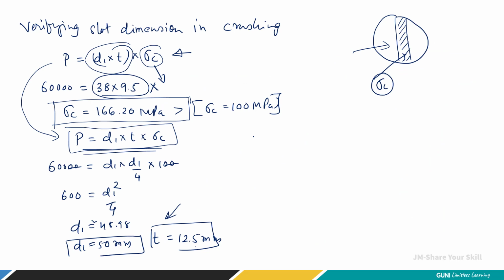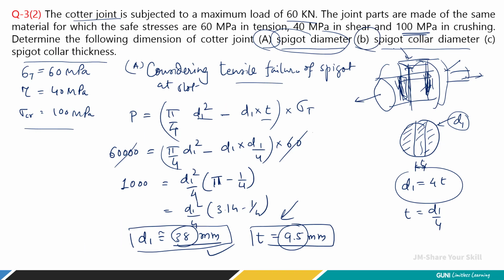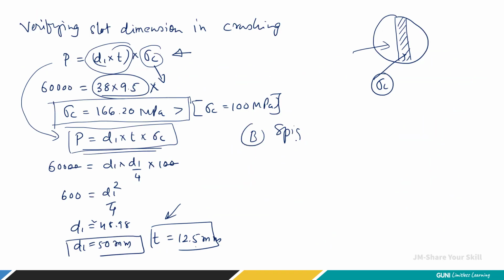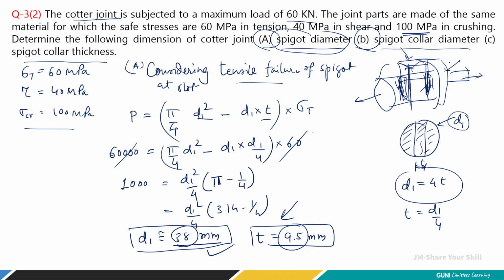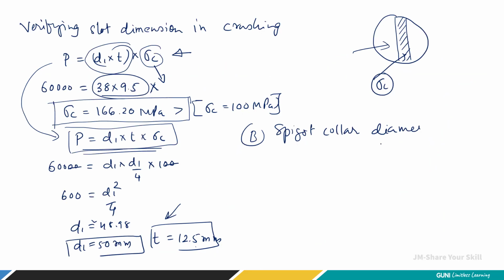Now let's find the second answer, that is spigot collar diameter. I'm talking about this diameter, so you can name it D2. Because of the socket and spigot assembly, there are going to be compressions at the collar side.